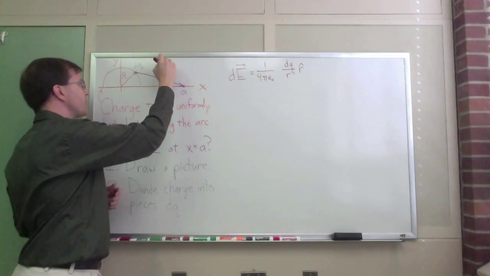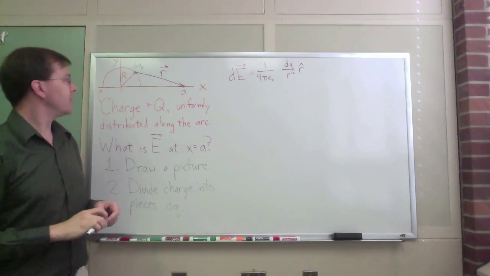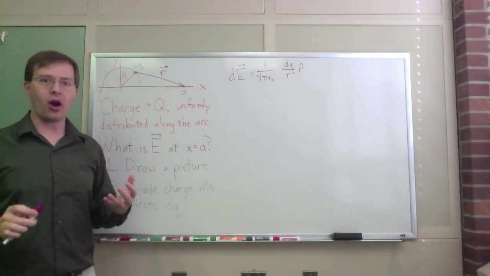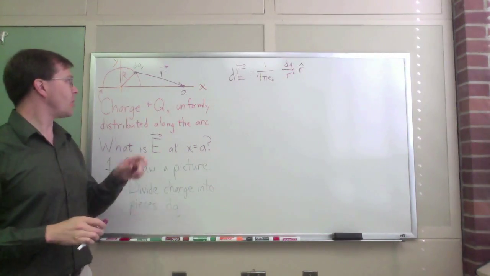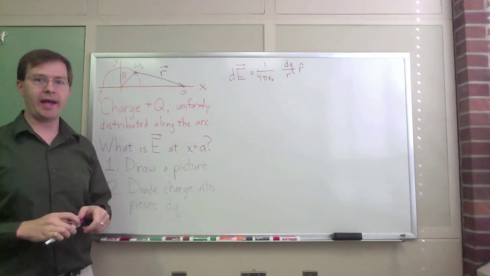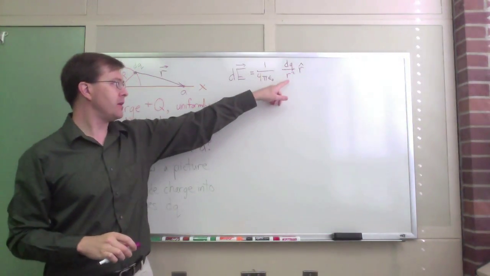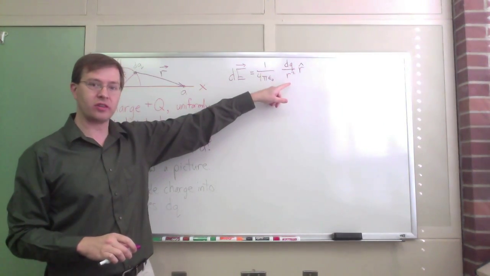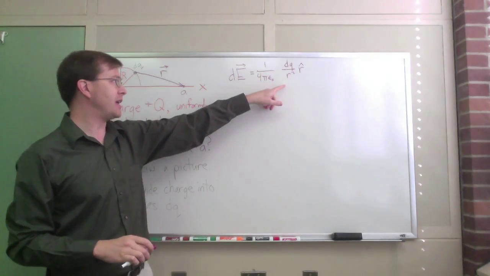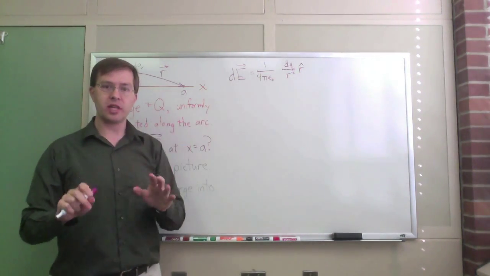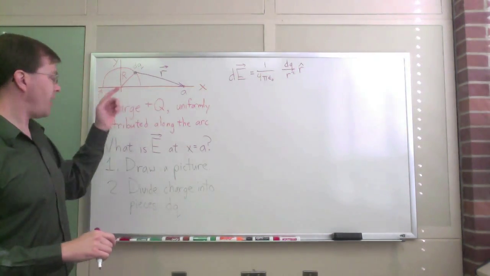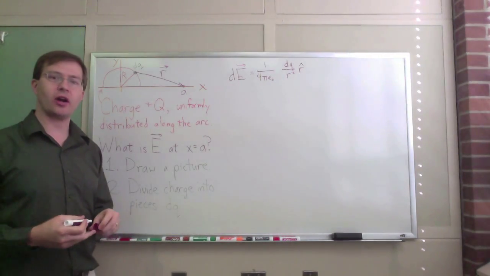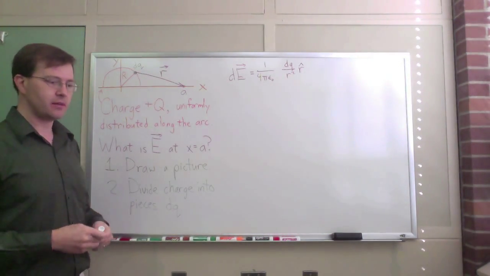Here is the r vector, as shown. That r vector is going from dq to a, and in Coulomb's law, that's always the vector that shows up here. The magnitude of that vector is little r with no vector sign, and its direction is r hat. We'll say more about those in a minute. But I've done my step two, dividing the charge into these little pieces.